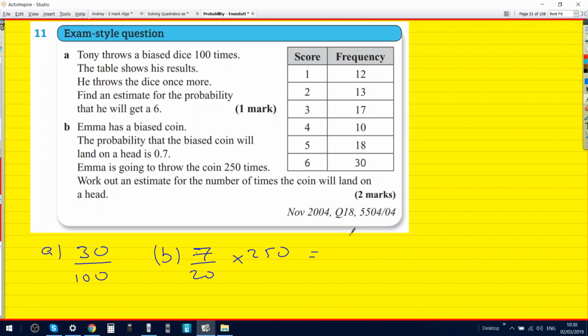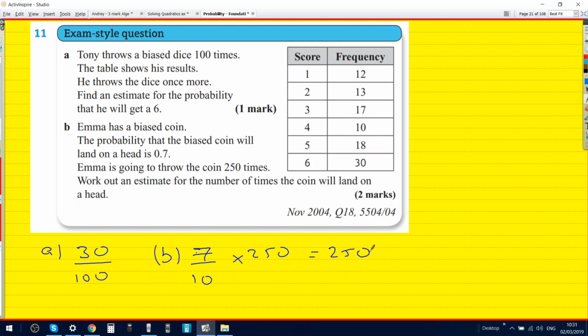You can always divide first. So 250 divided by 10. That's 25.